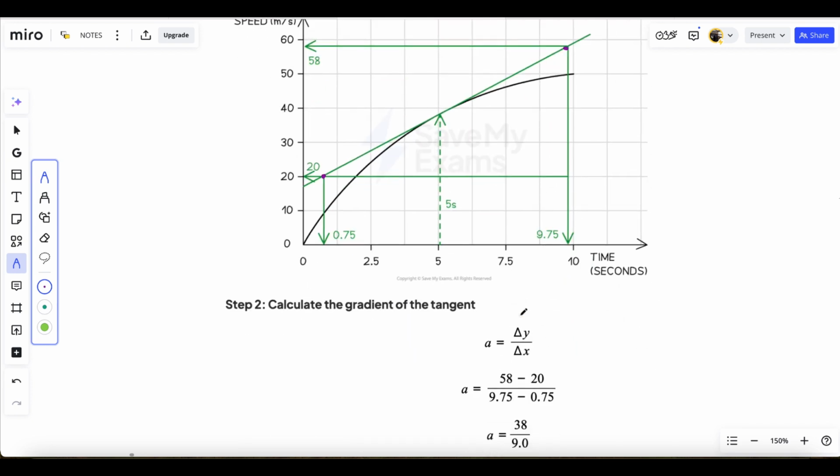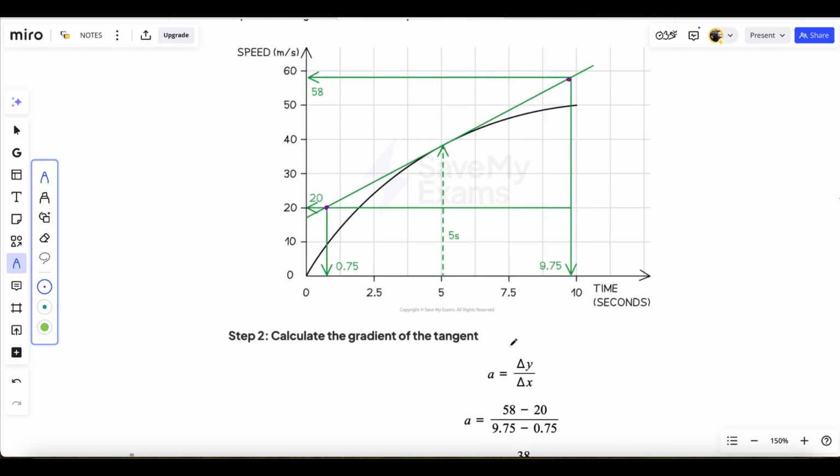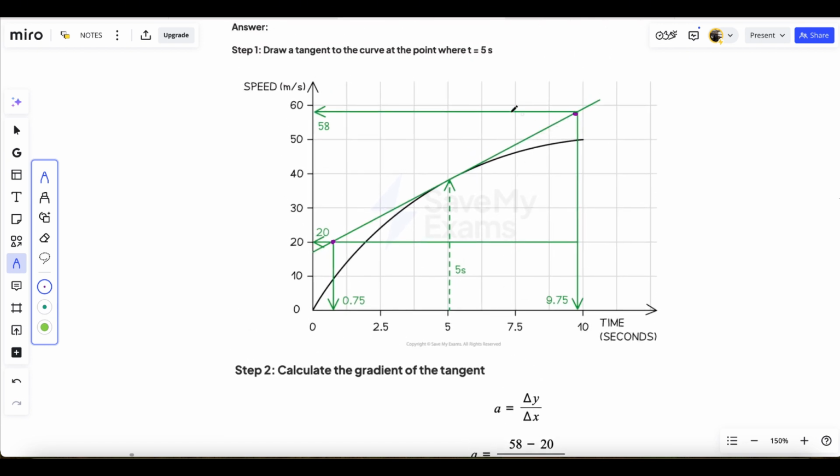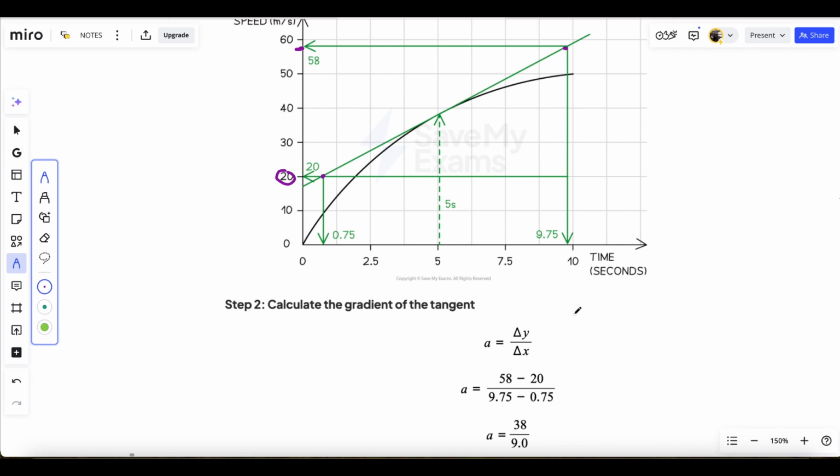Right? So gradient, acceleration, is change in y over change in x. So we read the value on the y-axis. If you trace this value, here is 60, here is 58. So we say 58 minus, we trace the bottom value, 20. So 58 minus 20 on the y-axis. Over on the x-axis, you trace this value down. It's less than 10, maybe 9 point something.